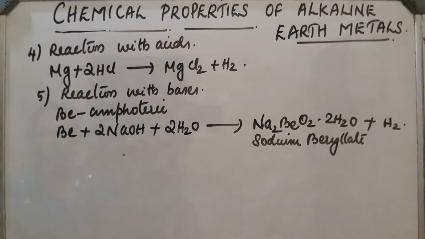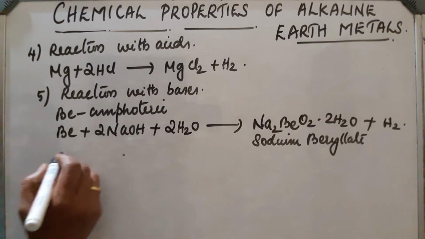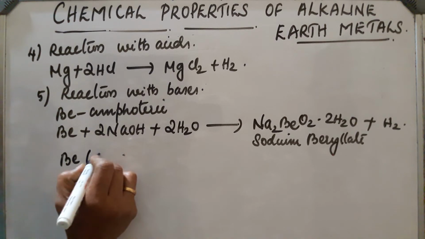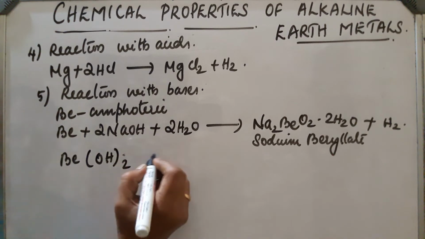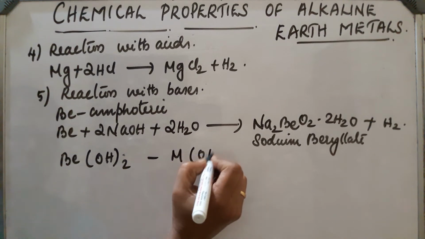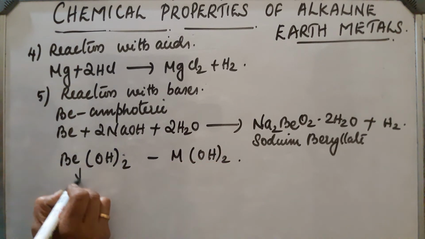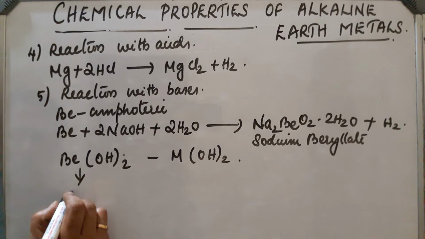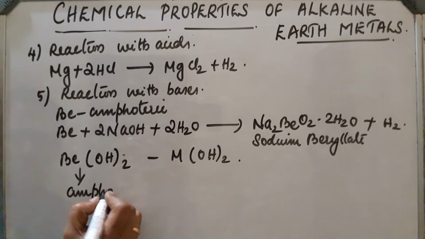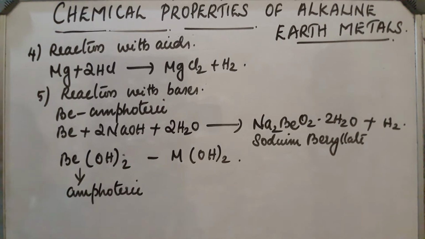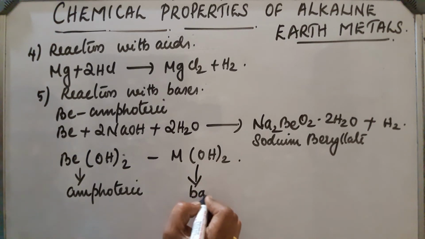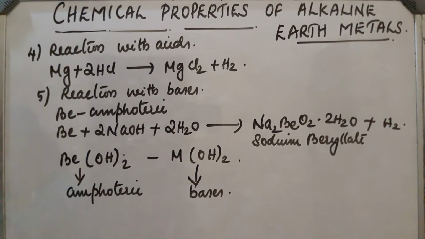Next, all alkaline earth metals produce metal hydroxides, and all are bases except beryllium hydroxide, which is amphoteric in nature. What about the basic strength in the group?